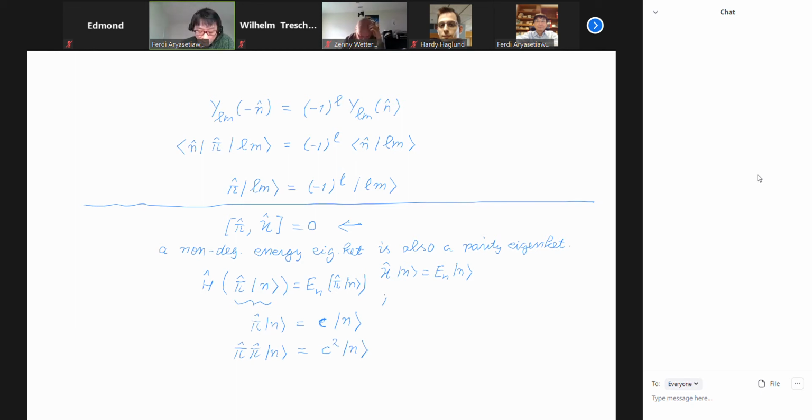But we know that pi squared is equal to 1 from the previous result. So then this implies that c must be equal to plus or minus 1. So we go back here, then we see that the state n must be an eigenstate of the parity. So that's a simple proof.